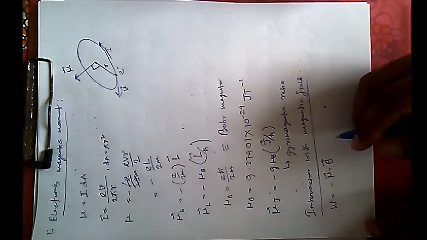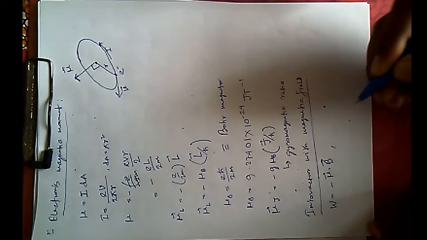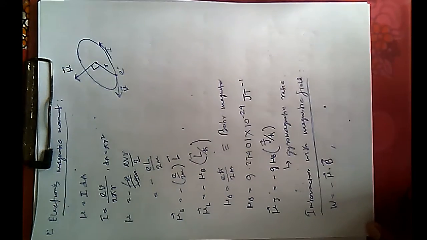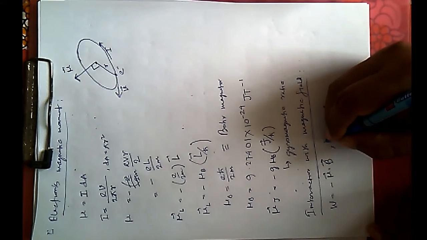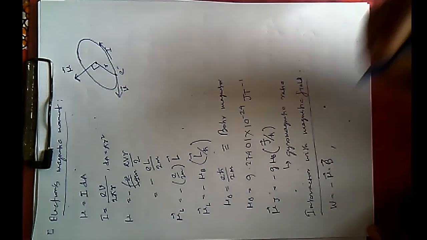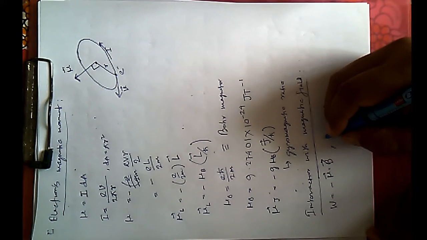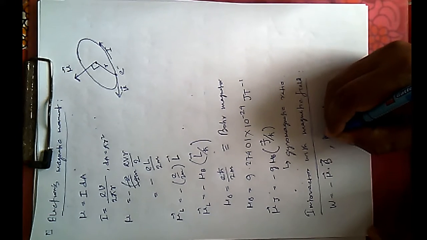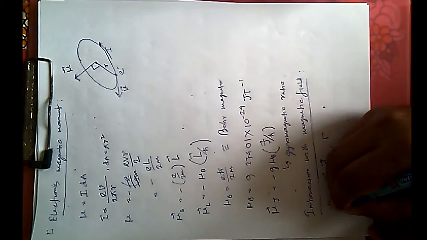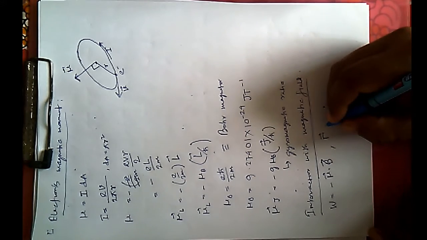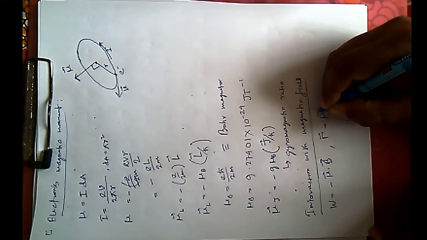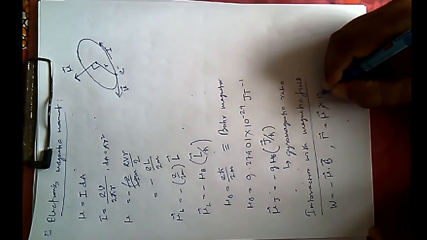At the same time, that atom will feel a torque, which people define as tau. It is defined as mu cross B. You know it, right?